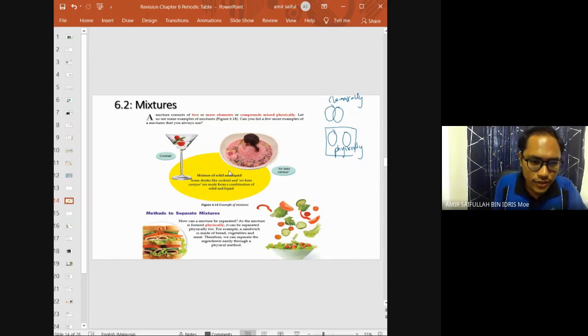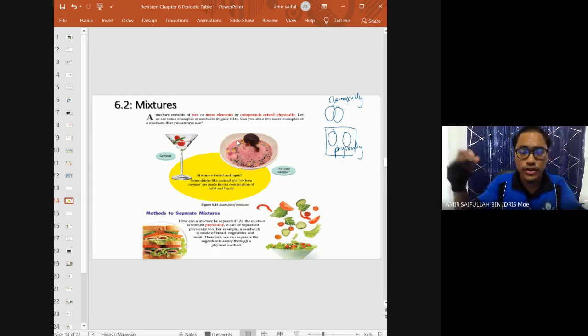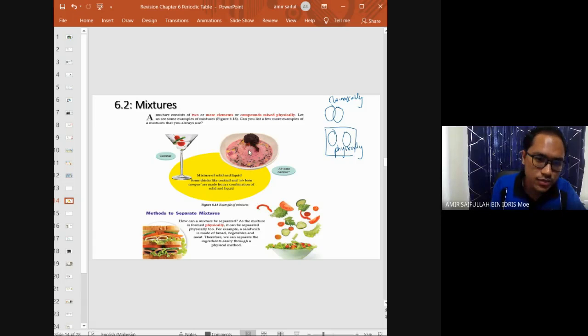Okay, so for example, you can see ais kacang, the ABC. You can see a lot of things mixing together, but all of them are not chemically combining together. So ice is ice, water is water, the syrup is syrup, and the corn is corn. They are not mixing together.